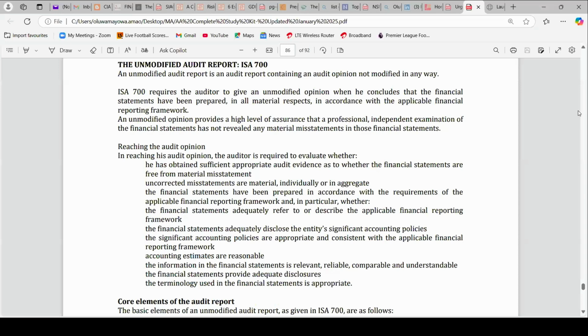Sir, my question is on this forms of expectation gap. That is what the general public expects an auditor to do, and then what the profession and regulation require the auditor to do.